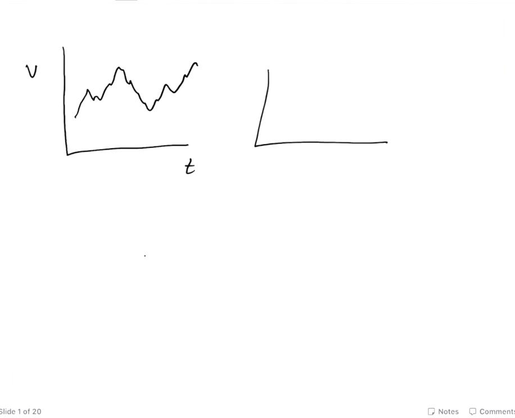Could be something that we're sending as a current, again some time-varying current. Either way, we understand that there's information being sent over time, either as a function of voltage or current, or both.